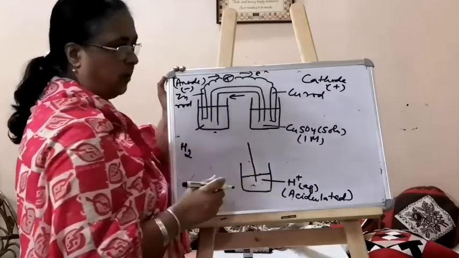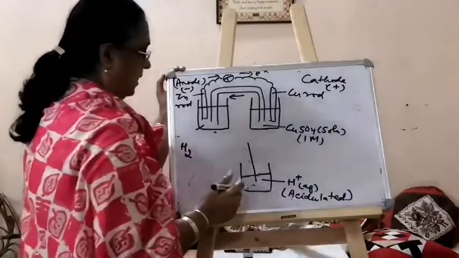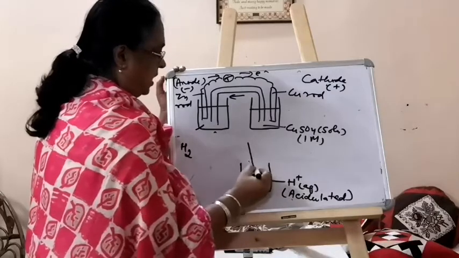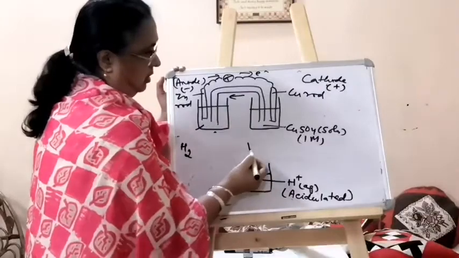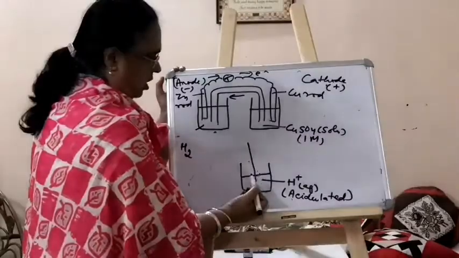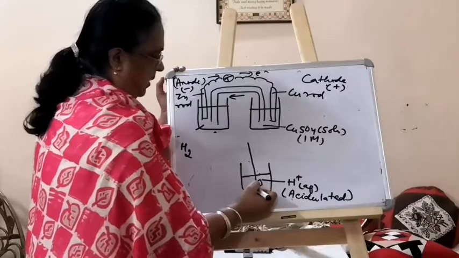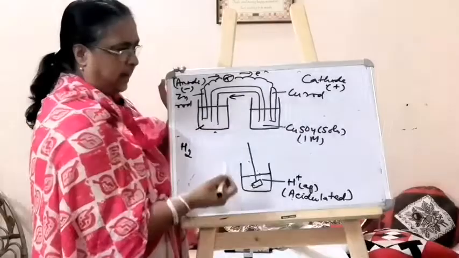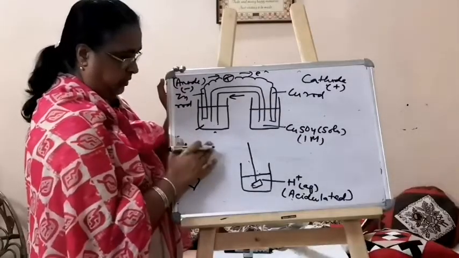Sometimes this wire is of platinum or sometimes copper, dipped in mercury with some precautions, but that is not required here. You will take a platinum plate. This platinum plate is coated with black platinum. The platinum plate will be very smooth on the surface.